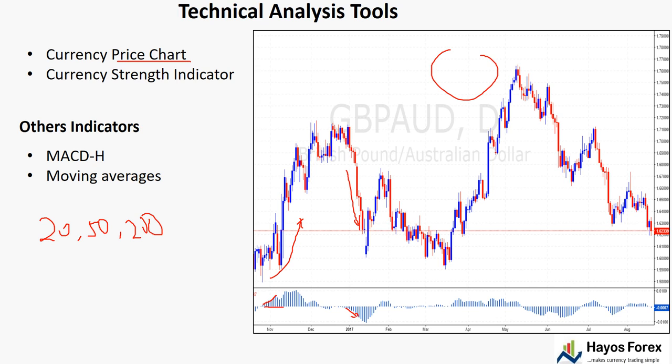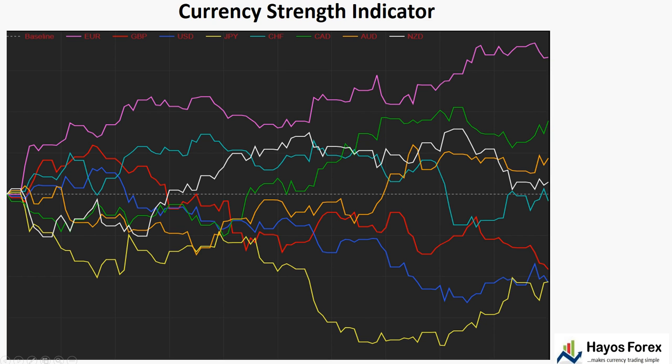Now let's discuss more about the currency strength indicator. The currency strength indicator shows different currencies that are weakening and those that are strengthening. This is the baseline, the dotted line.